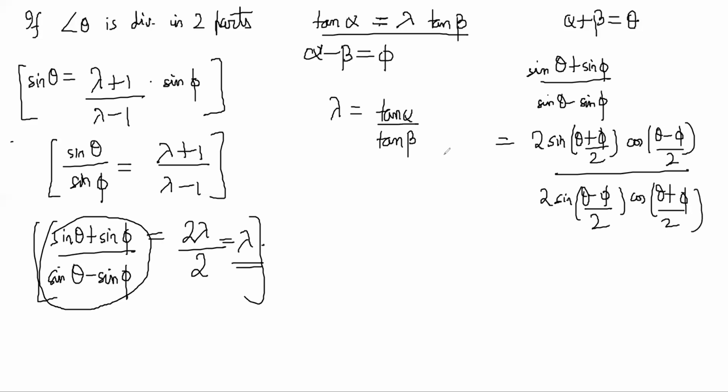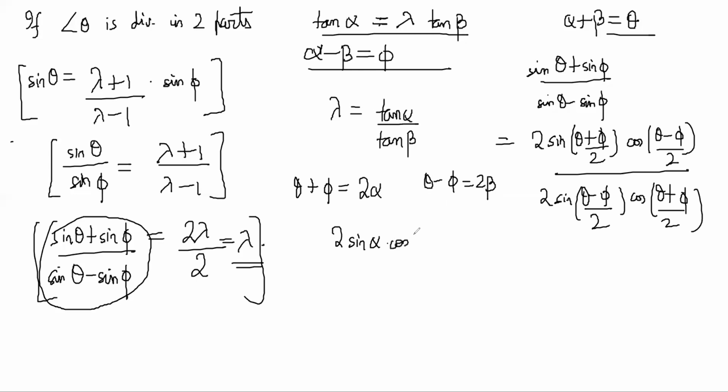Let's figure out what theta plus phi by 2 is. Theta plus phi is 2 alpha, so theta plus phi by 2 is alpha, and it becomes 2 sine alpha. Theta minus phi is 2 beta, so cos beta.